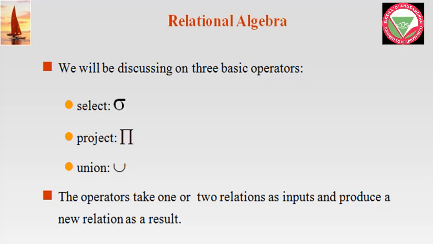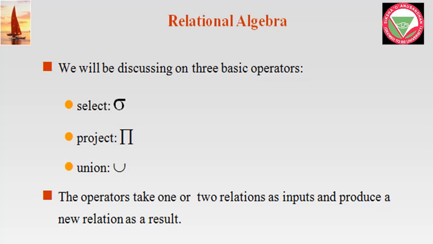The first one is the select operation, number two is the project operation, and number three is the union operation. Each of these operations is represented by a particular symbol. The first one, select, is represented by sigma. Number two, project, is represented by pi, and the union is represented by U.